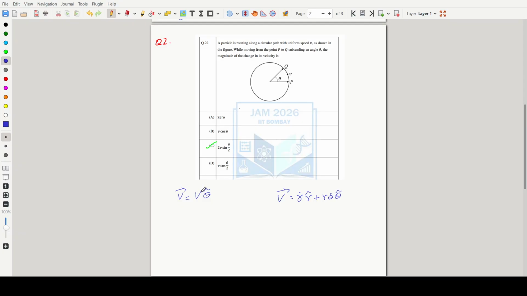But in this case, your radius doesn't change with time, so the component in the r cap direction is zero, and you got this. Theta dot is omega, and r omega is v. So there you have it.